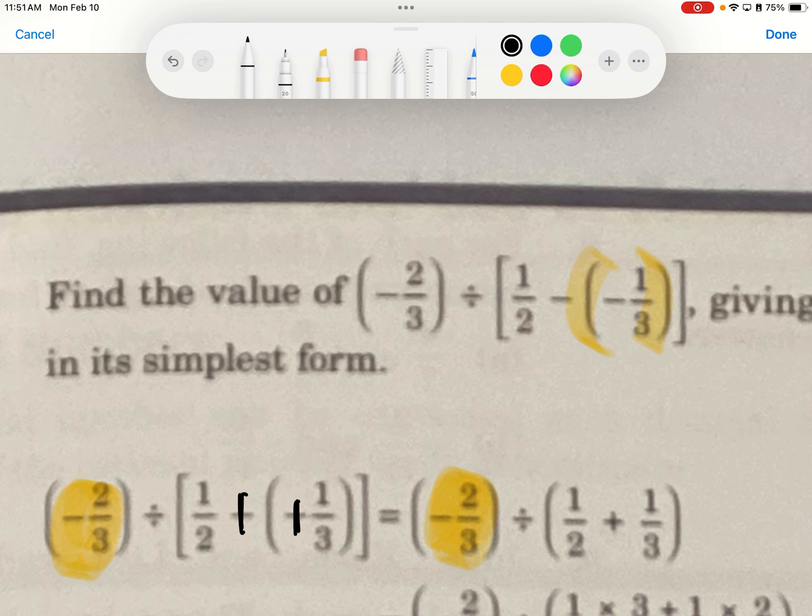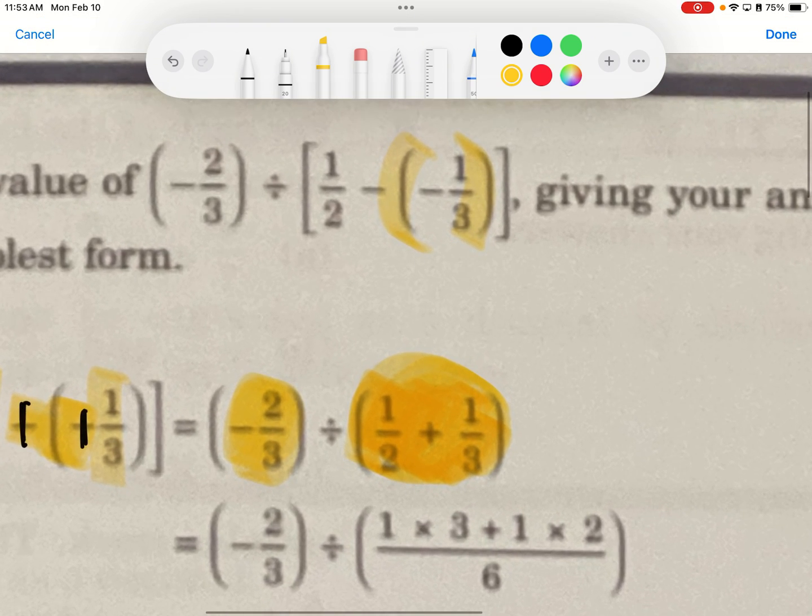So then within those brackets, we end up with the 1/2 plus now 1/3. All right, so now again, PEMDAS, parentheses first. So we are going to do this addition before we do anything else.